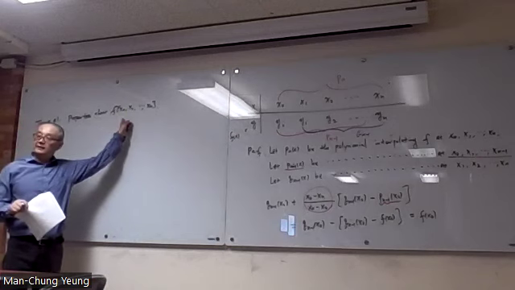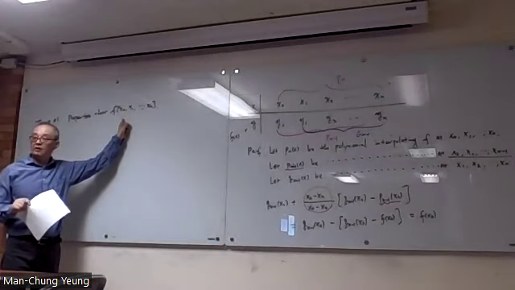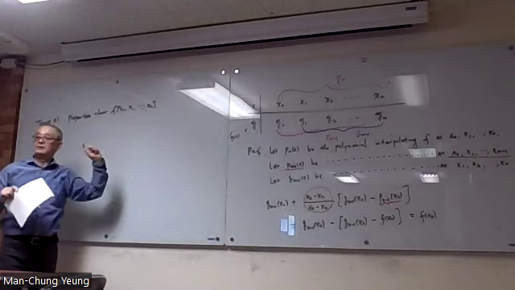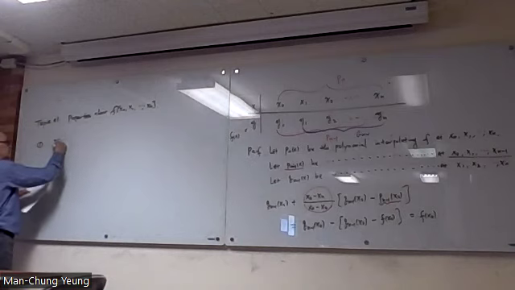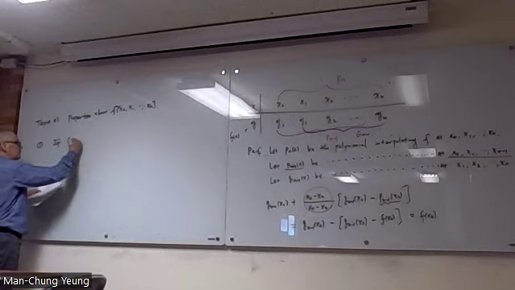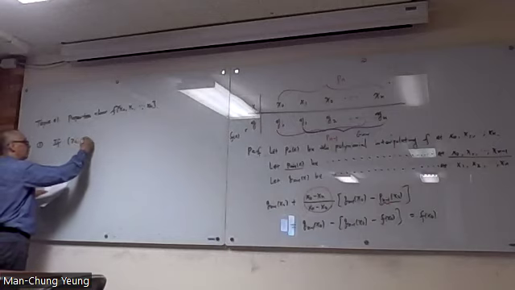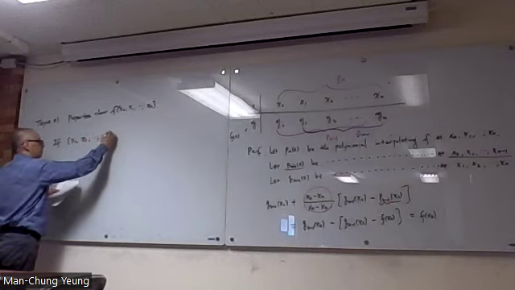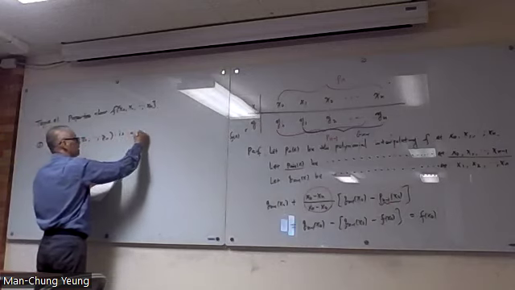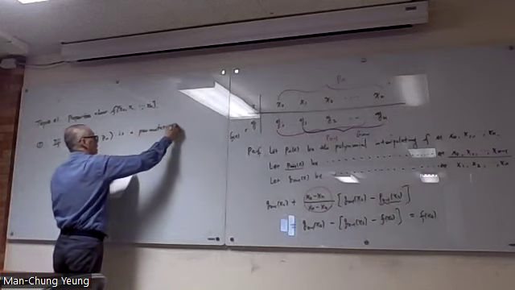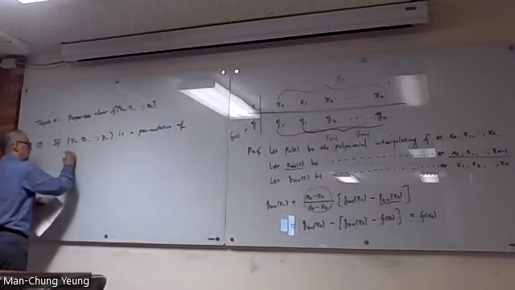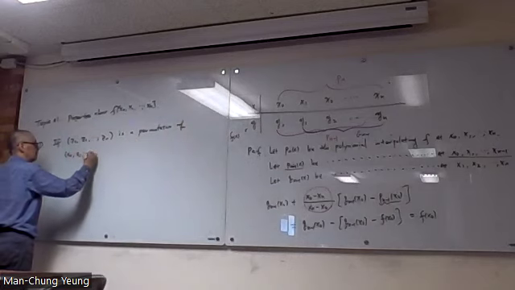It turns out that the order in x0, x1, ..., xn doesn't matter. If C0, C1, ..., Cn is a permutation of x0, x1, ..., xn.